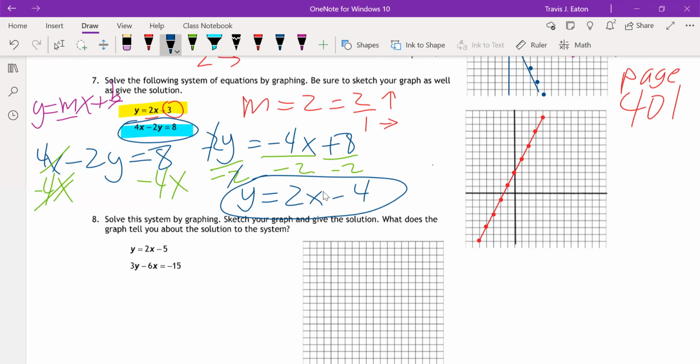Okay, now that means that our y-intercept is negative 4. So I have to go down to negative 4 to start my line. 1, 2, 3, 4. And then the slope of the line is 2.